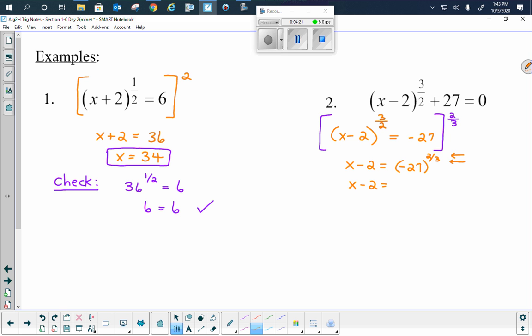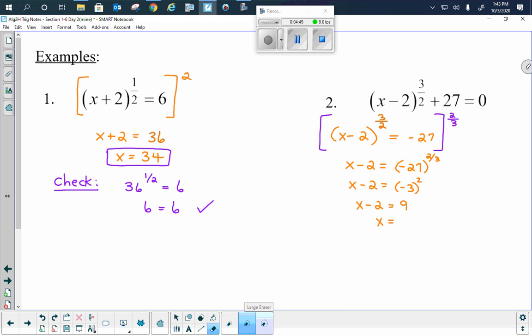The cube root would be the easiest thing to do first. So the cube root of -27 is -3, and then it's just left with being squared because we've already done the cube root. So now you're looking at x minus 2 equaling, well, -3 times -3 is 9. Looks like I'm getting x equals 11.